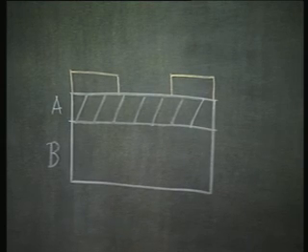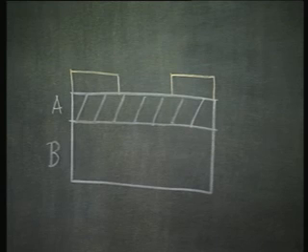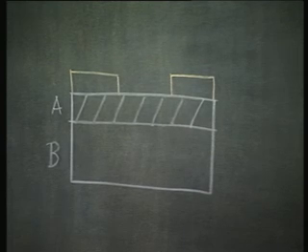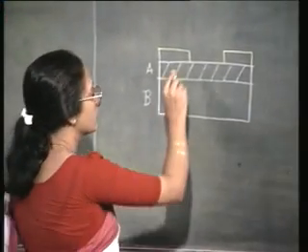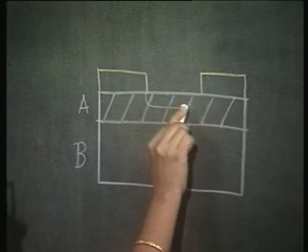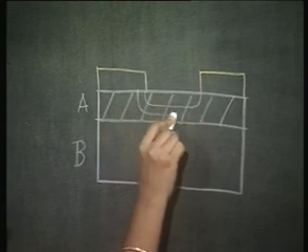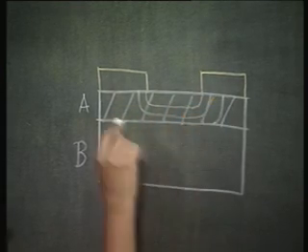When the etching is chemical, then the etchant material cannot distinguish between the vertical and the horizontal surface. That is to say, etching will progress both on the vertical surface as well as on the horizontal surface, and therefore the etching will progress actually like this and like this.